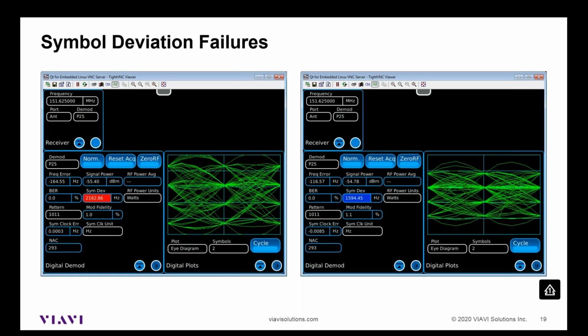And the area where radio performance is going to be tested the most in the real world is going to be at the fringes of the radio's range. So testing the radio in the shop just down the street from the tower provides a false sense of security, because you keyed it up, it got on the system, and you said, yes, it works.